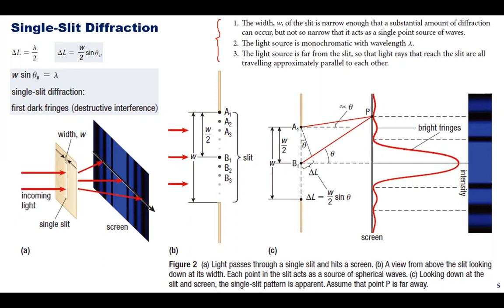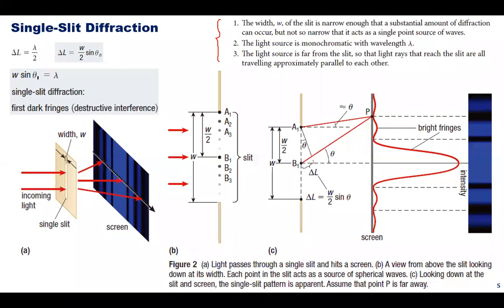Second, the light source is monochromatic with a wavelength lambda. Third, the light source is far from the slit, so that light rays that reach the slit are all traveling approximately parallel to each other.